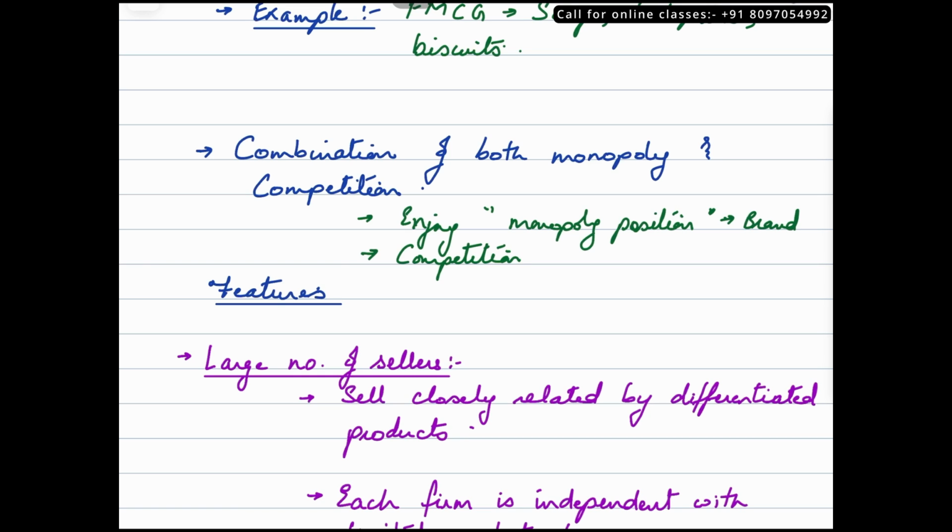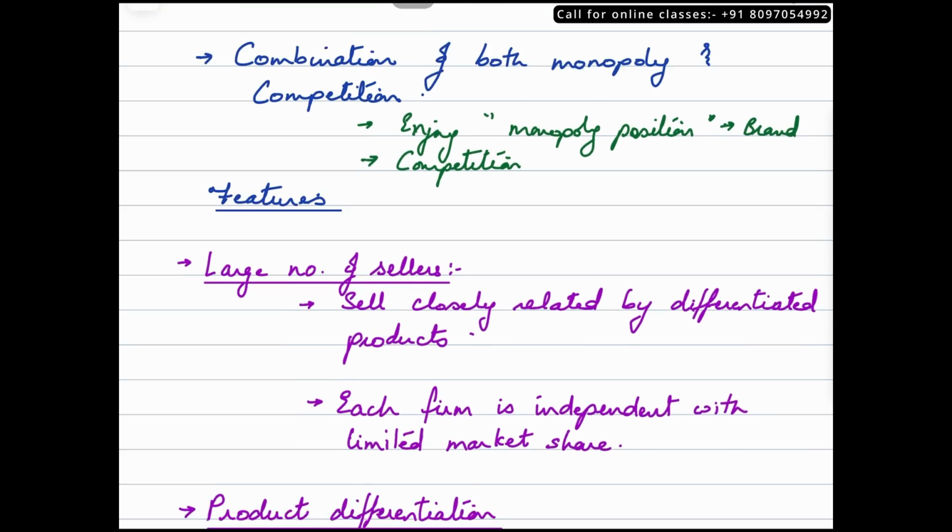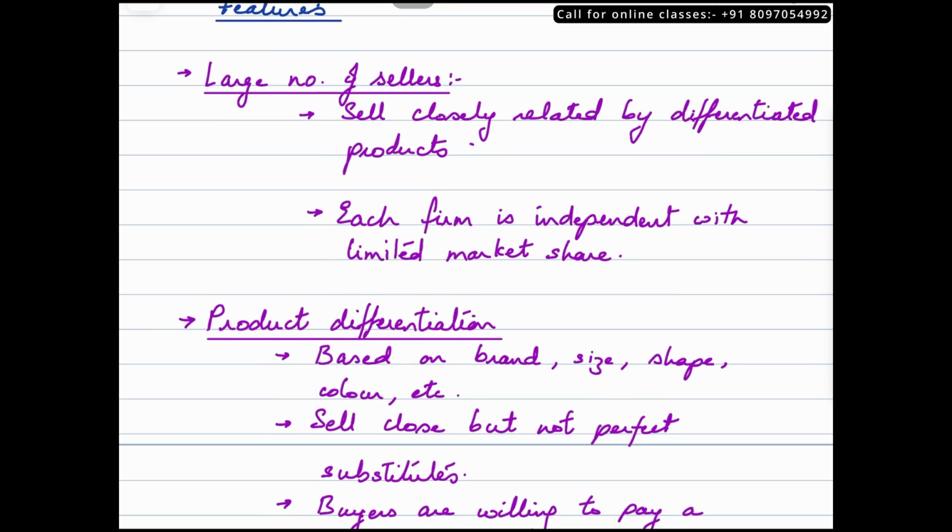Let's take a look at the features of this market structure. The first feature is a large number of sellers. So just like a perfectly competitive market, a monopolistically competitive market would also have a large number of sellers. The only difference being that sellers here would be selling closely related but differentiated products.